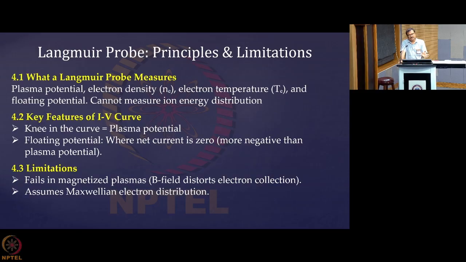In that case, the whole probe is not collecting the electrons, so you can understand that our estimation may go wrong. Also, in most cases we are assuming that electrons follow a Maxwellian distribution, which may not be true for many low temperature plasma systems.